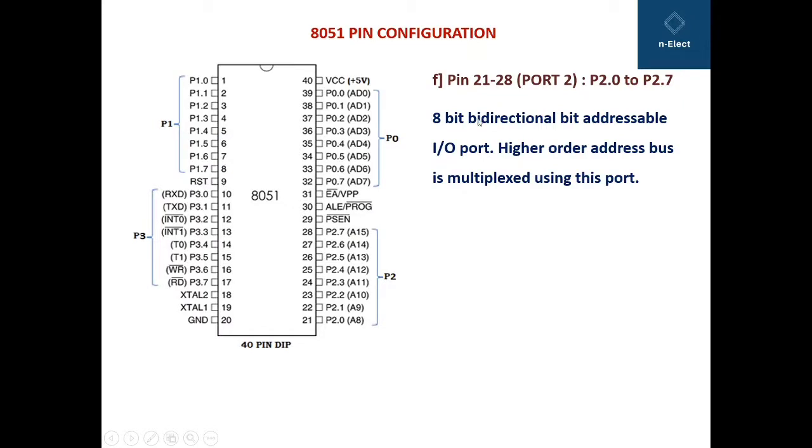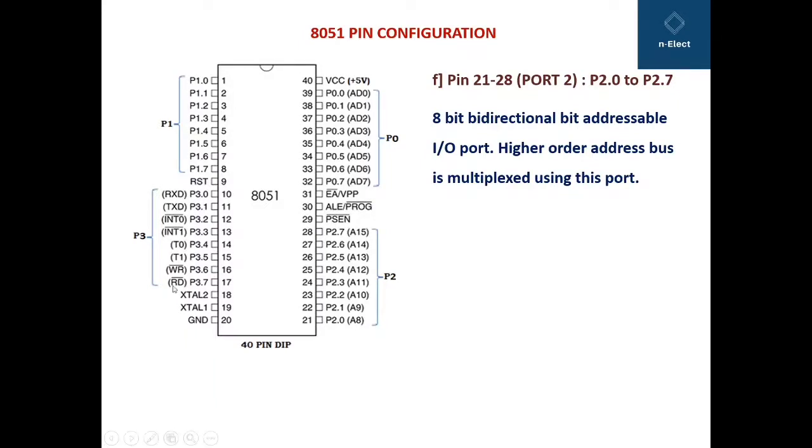Pin number 21 to 28, that is from P2.0 to P2.7, means these 8 pins which are related to port 2. Again, it is an 8-bit bidirectional bit addressable I/O port. Higher order address bus is multiplexed using this port. So here you can see the pins can perform alternative functions, and alternately they are actually having the higher byte address.